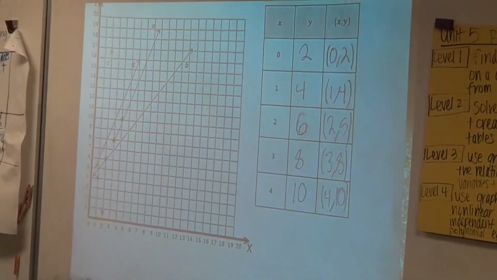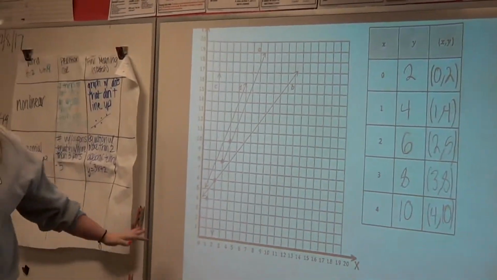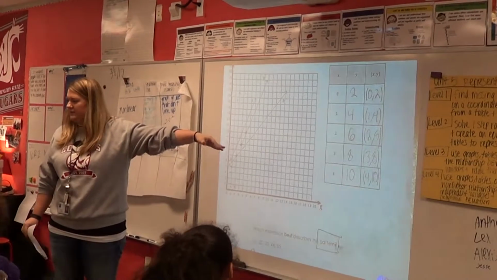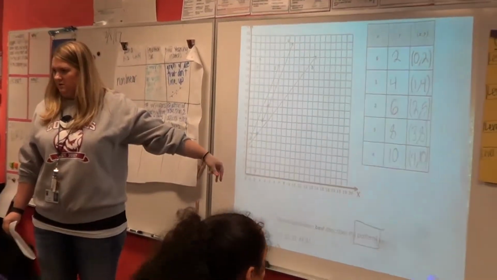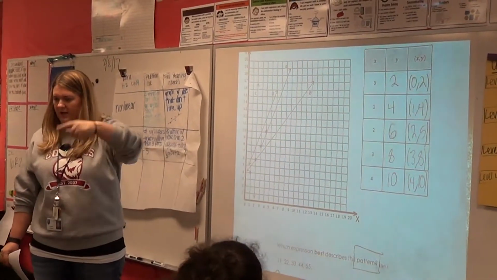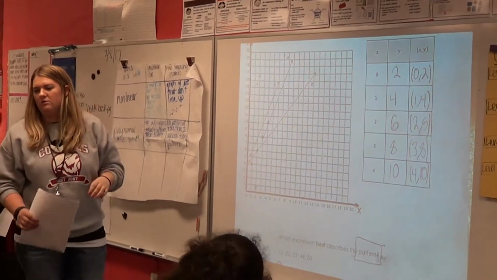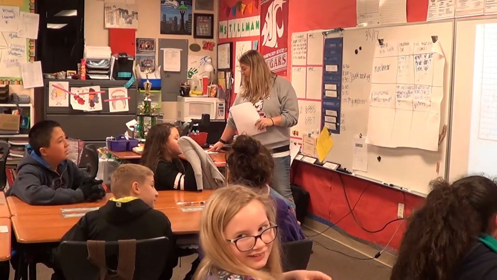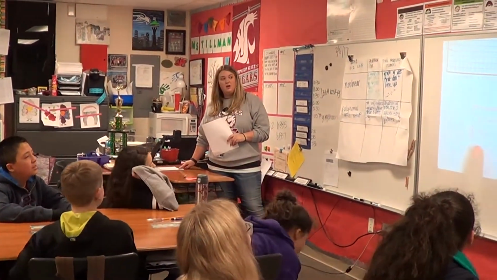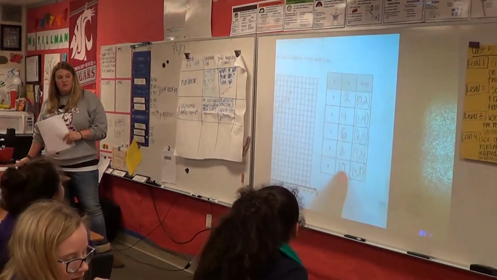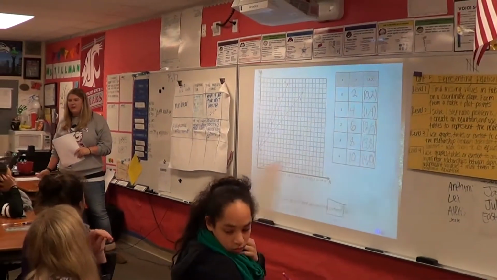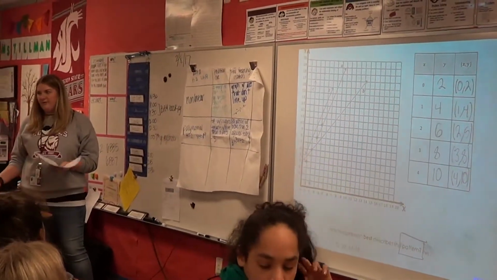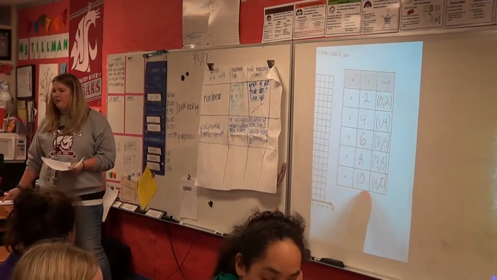What did you notice on these two questions here that made you choose this specific level that I saw on everyone's papers? Jacob, why was it prior knowledge? Yeah, the keyword was pattern. We're having to find a pattern. And then the other one was ordered pair. The graph here is just kind of there to distract you. You're not actually having to graph anything. They just want you to write the ordered pairs.